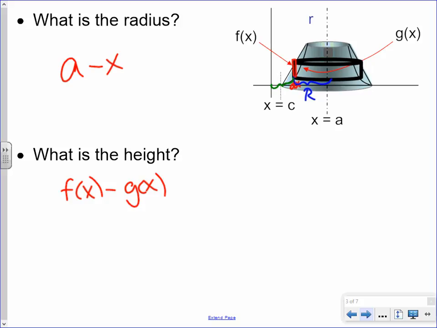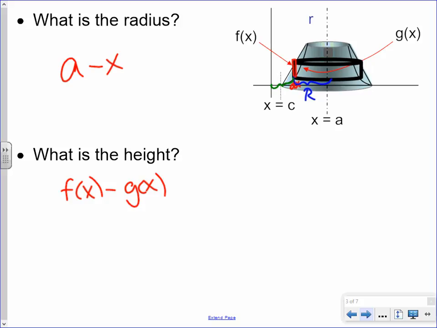Does anybody need me to go through again why that's a minus x? Okay. So that is the difference. That's the only difference we have when we have a different axis of rotation.